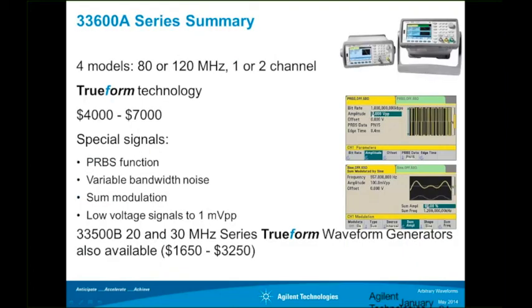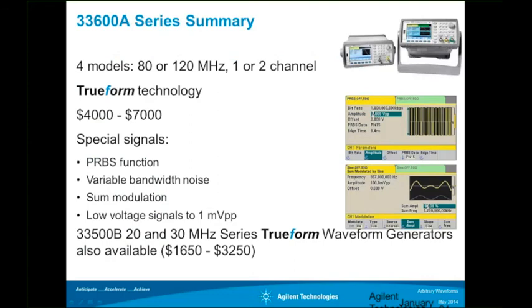So just to summarize the 33600 once again, we do have 4 models, and it is a 1 or 2 channel model, and you can get 80 or 120 megahertz bandwidth versions. So it's going to be a very good product for us. And it is going to cost about $4,000 to $7,000. Some other special signals that I might not have talked about before is the ability to do variable bandwidth noise.